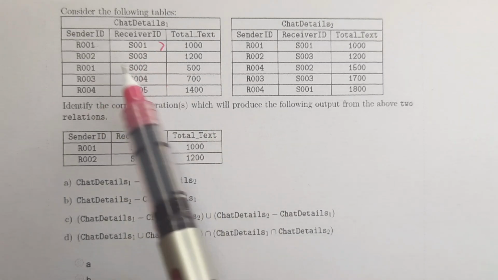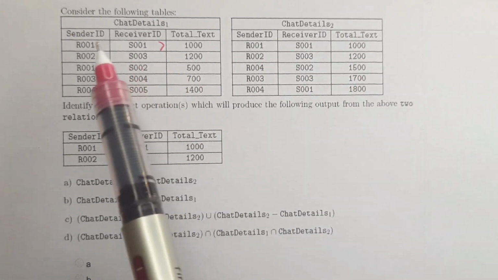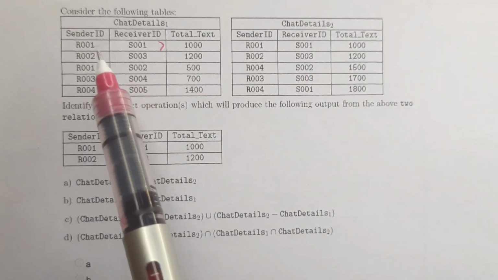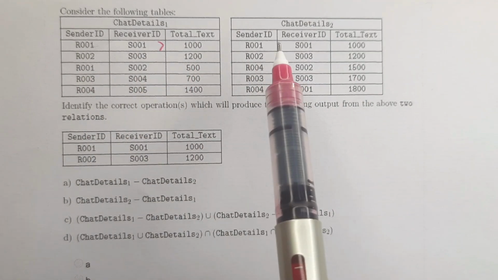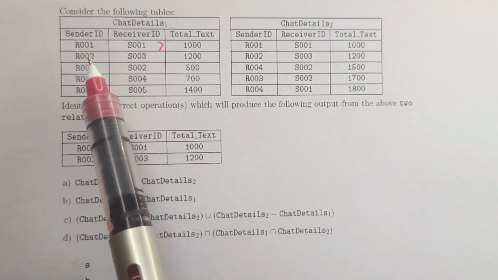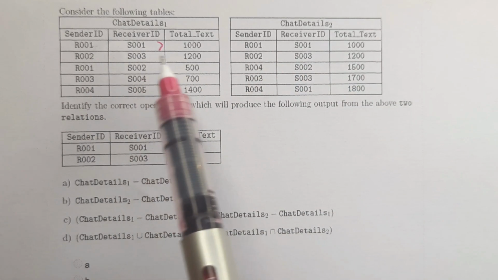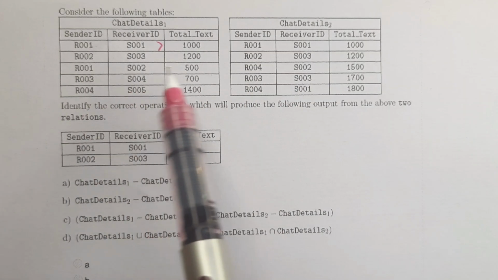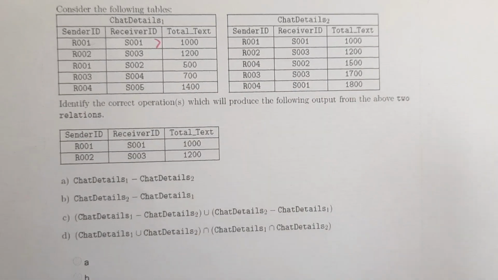If you remove 1 minus 2, sender ID is there, receiver ID is there, text ID is there. So 1 1000 means this will be removed. So 1 2 3 1200, 2 3 1200, 1 2 500, 1 2 1500 is there.